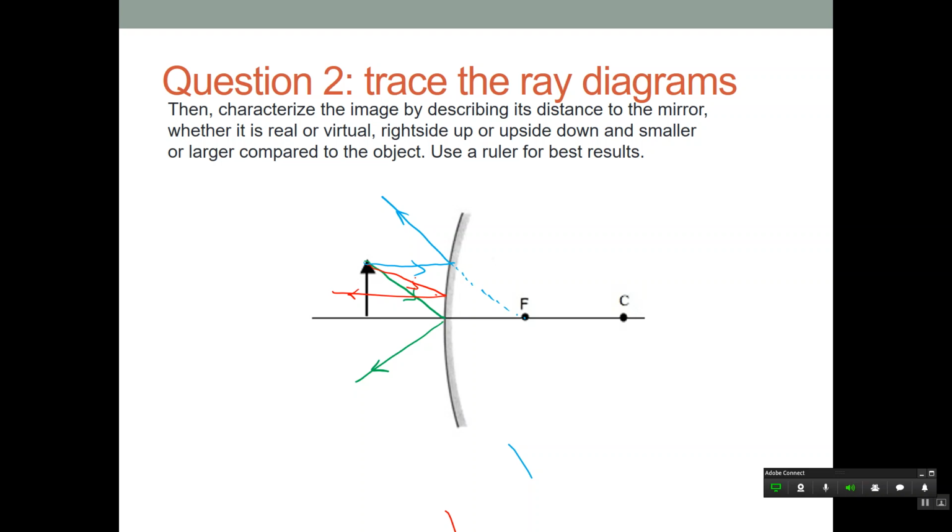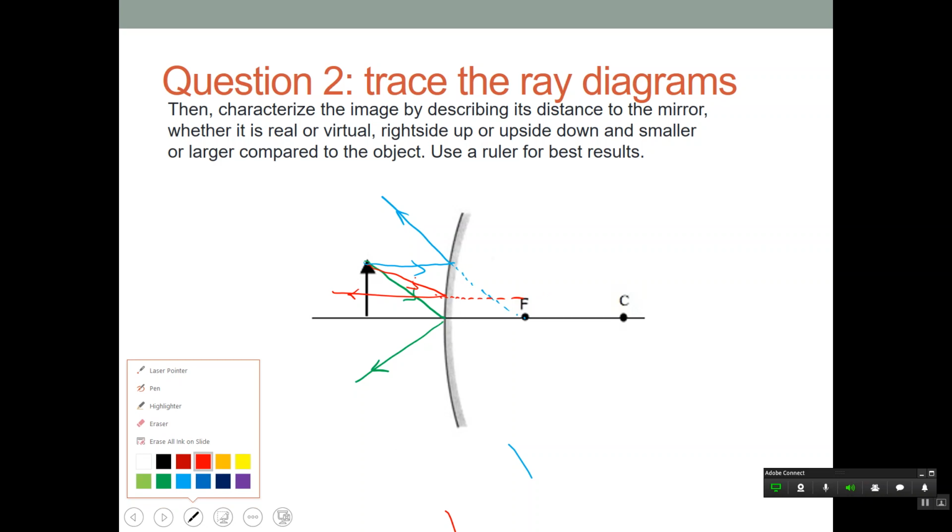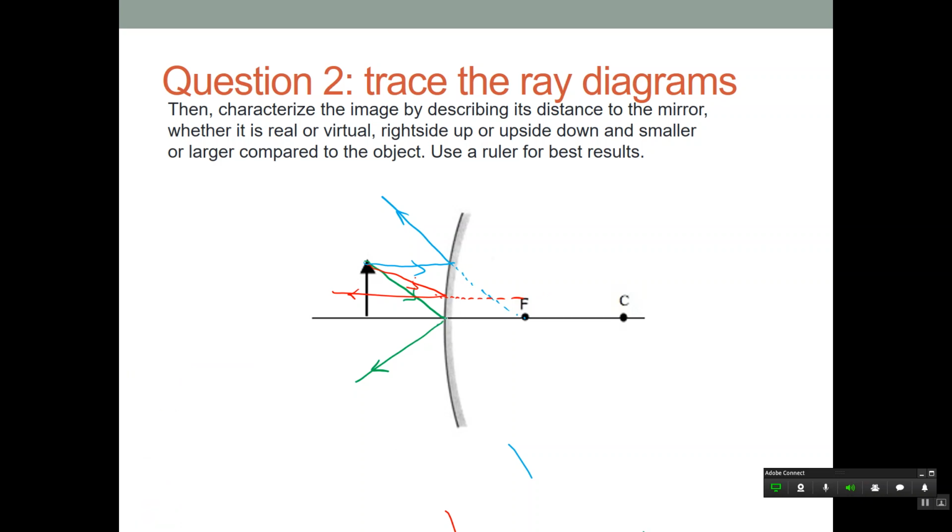Let's try that. So if I were to work backwards, I kind of cheated to make it work. What do you notice?